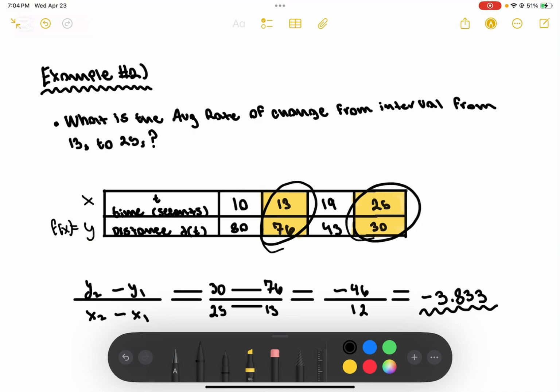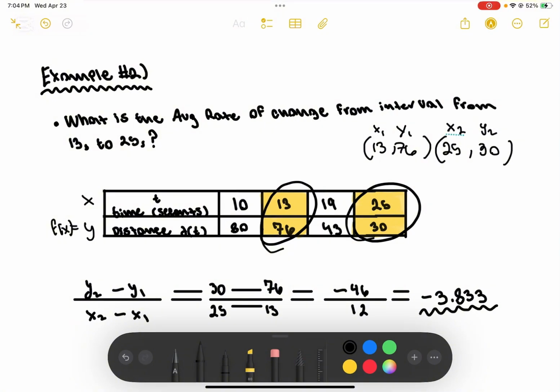So furthermore, we can establish our points as (25, 30) and (13, 76). My x2 would be 25, my y2 would be 30, my x1 would be 13, and my y1 would be 76.